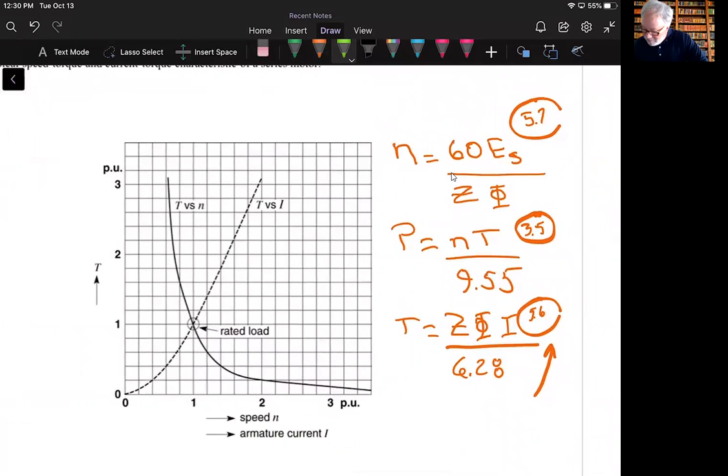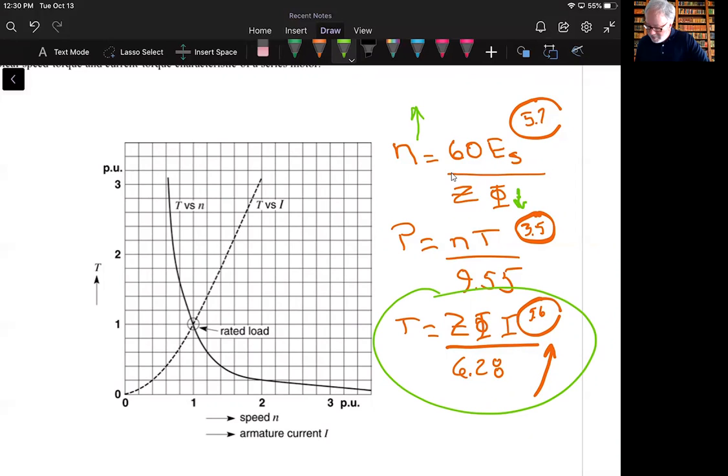First off, if some of that current is removed from the field, it's going to cause the flux to go down, which would cause the speed to go up, right? And so we can see the relationships. We can also explore the relationship that might have on the torque.